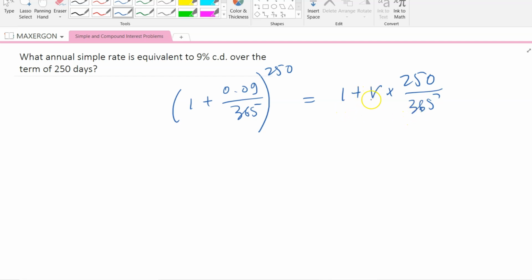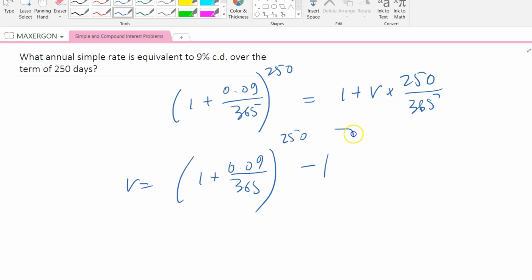Now we need to solve this equation for R. Well, in order to solve this equation, we'll just simply write that, that's just simple algebra here to solve this equation, and we now solve it in a calculator.